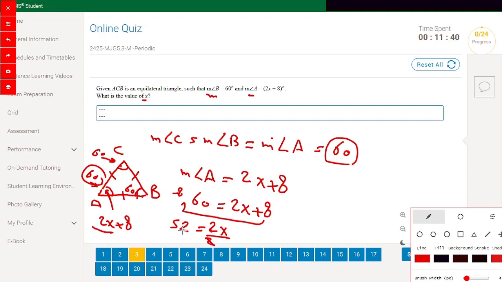Divide by 2, divide by 2. So now x will be equal to 26. Okay, 52 divided by 2 is equal to 26. So the answer here will be 26.